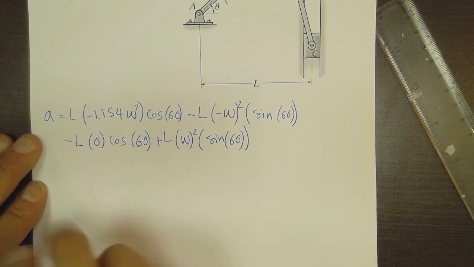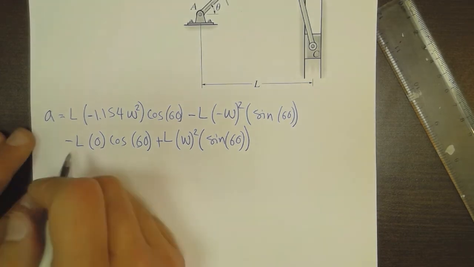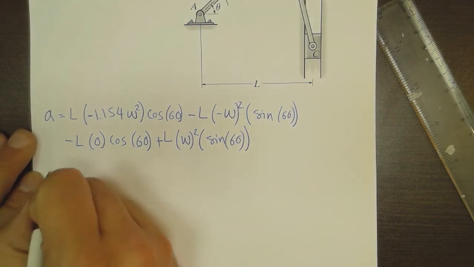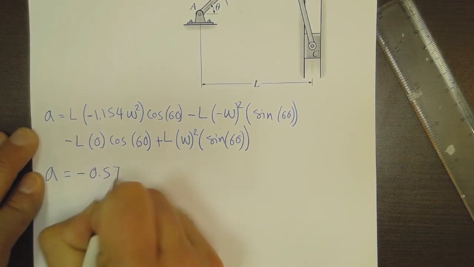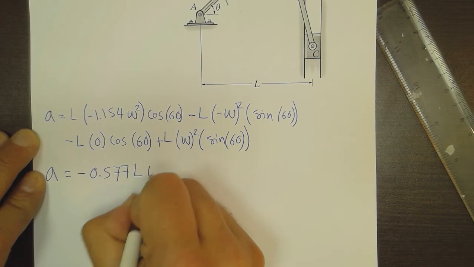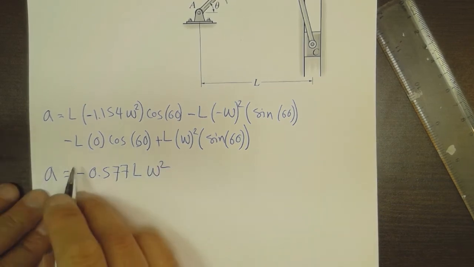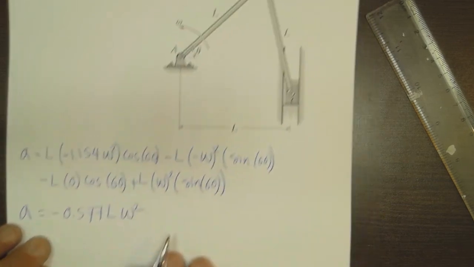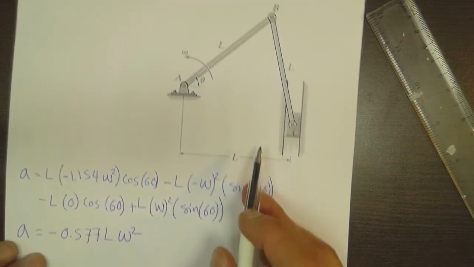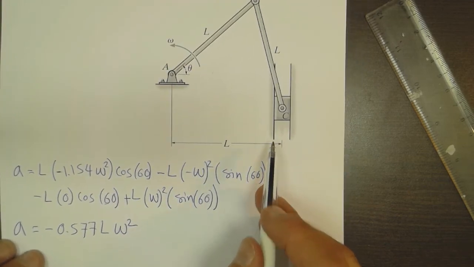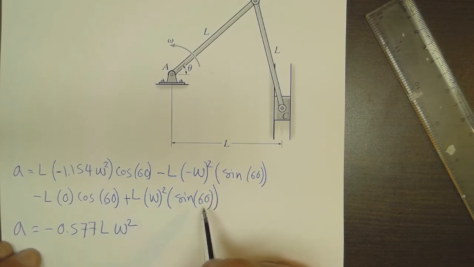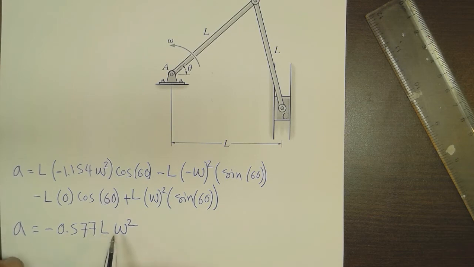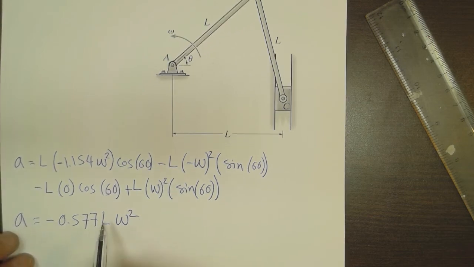Rearranging, at the end of the day, a equals minus 0.577 L omega squared. So the minus sign means the direction of the acceleration is up.